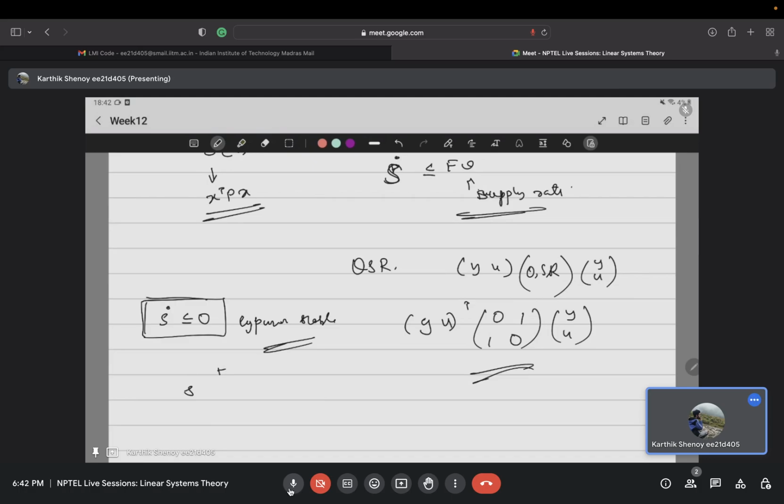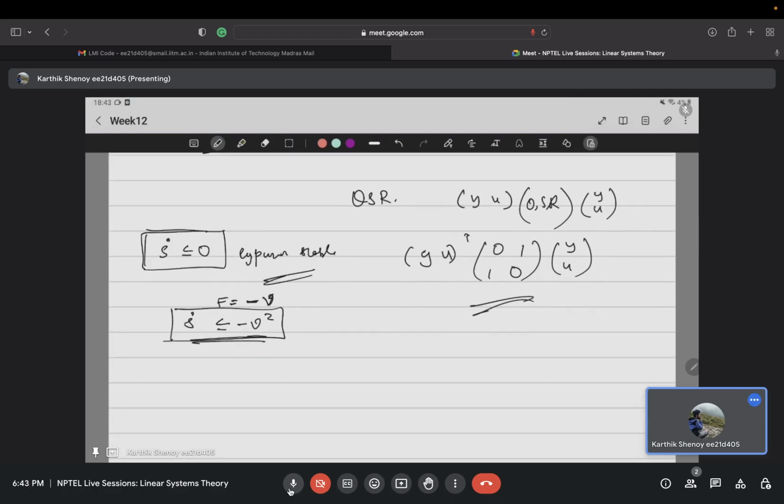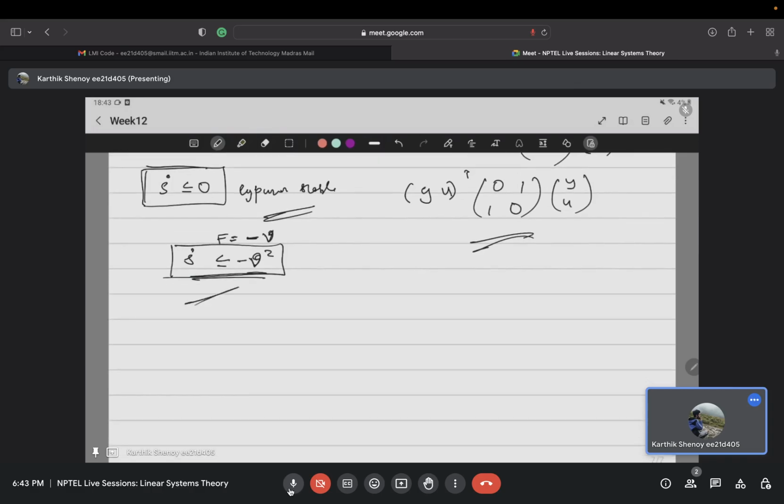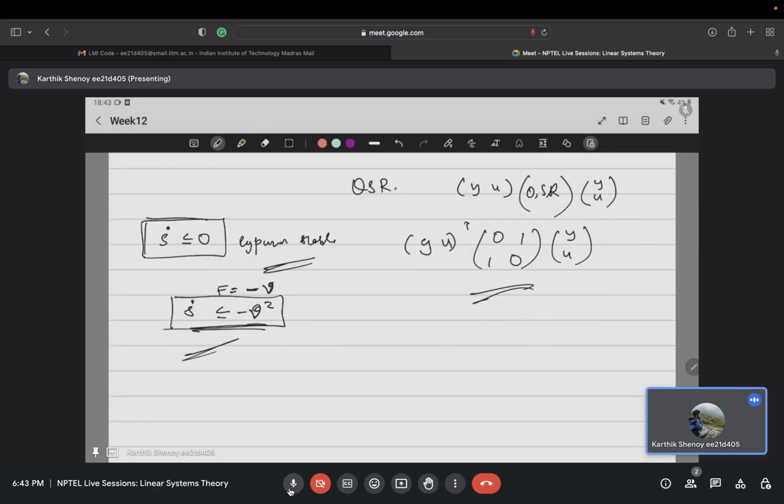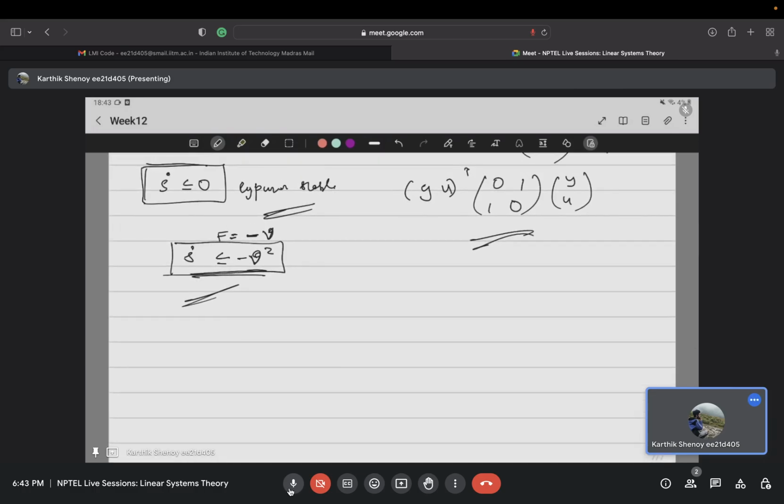If I take f equal to minus v, then S dot is less than or equal to minus v square. For a linear system, this means that the energy in the system keeps decreasing at a rate higher than or equal to v square. So a dissipative system is automatically Lyapunov stable, okay.